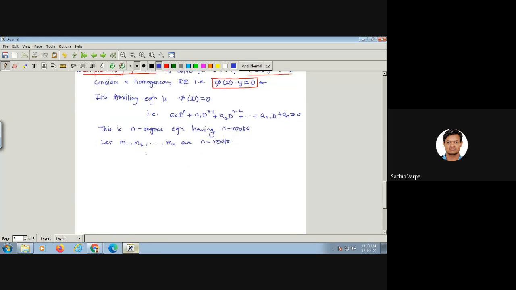Then we all know that if we have roots, then we can have the factors. So what are the factors associated with these roots? Can you tell me the factors?